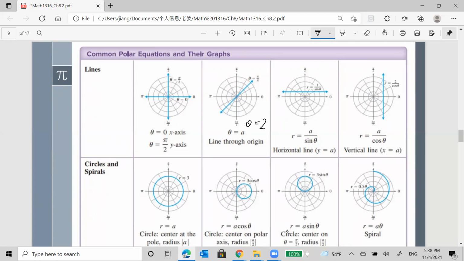So what is 2? The 2 here is an angle, that means 2 is the angle in radian form. Here pi is 3.14, and this is half of 3.14, about 1.57. So 2 is about a line like this.